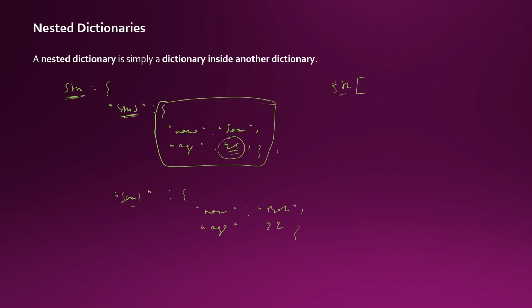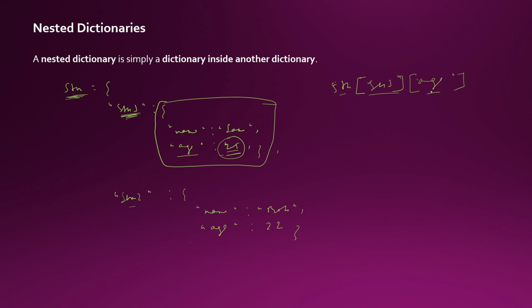The first key is student 1, because we want to access this one, and it is the key of the student dictionary. So we write student, and within this we pass the key student 1. Now I get the value of student 1. As this is another dictionary, we get this value by accessing its key, so again I have to mention age over here.